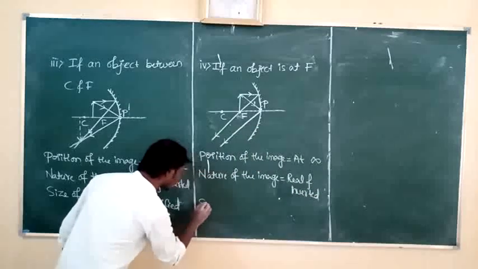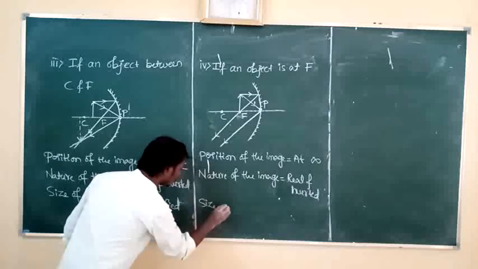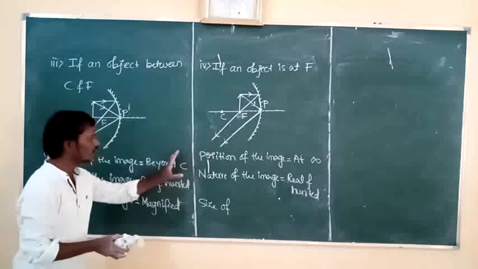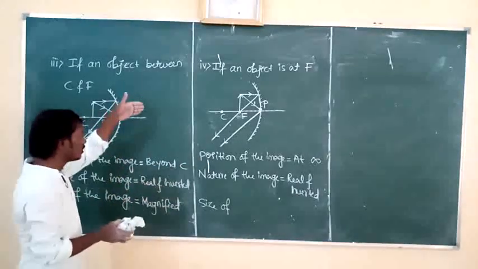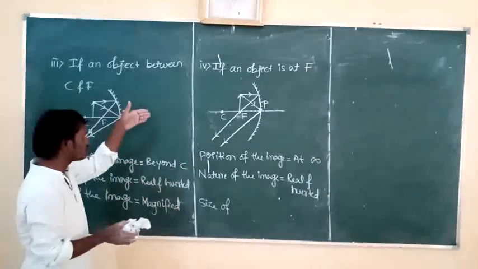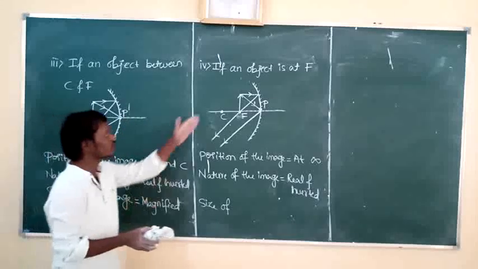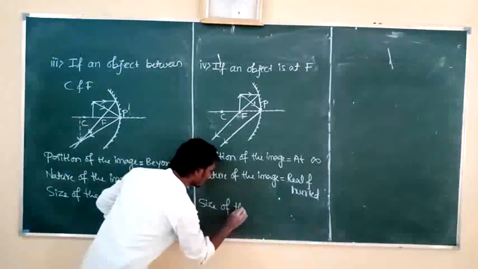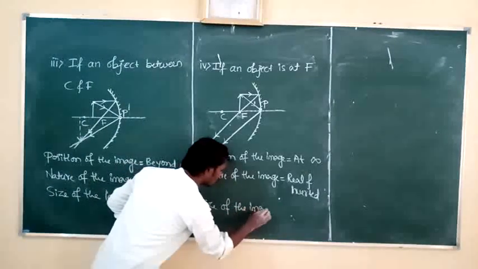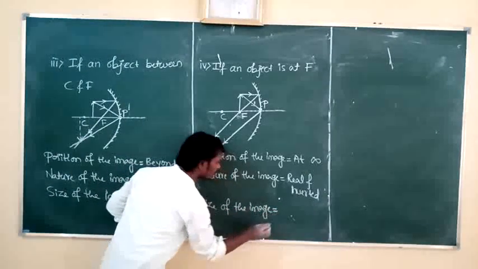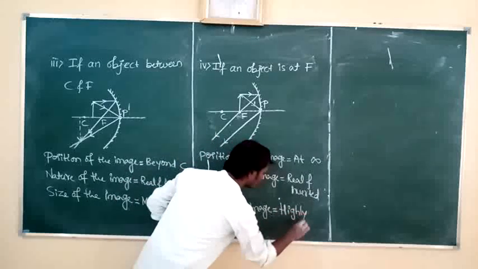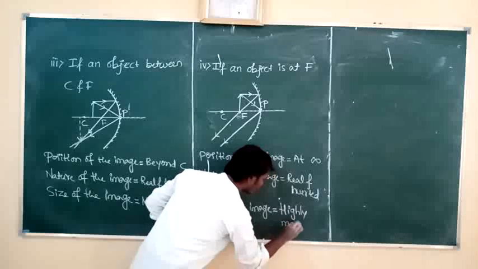Size of the image, highly magnified. So at the large distance they meet, which means the size of the image is much greater than the size of the object. The size of the image is said to be highly magnified.